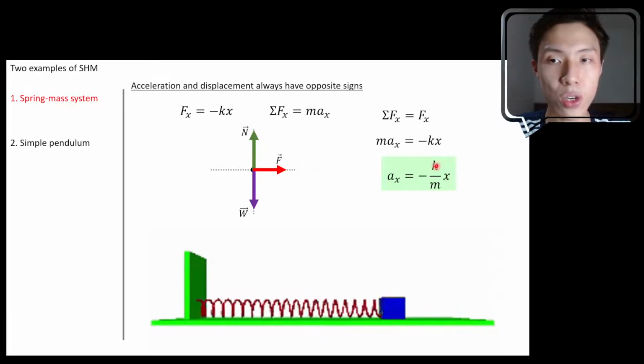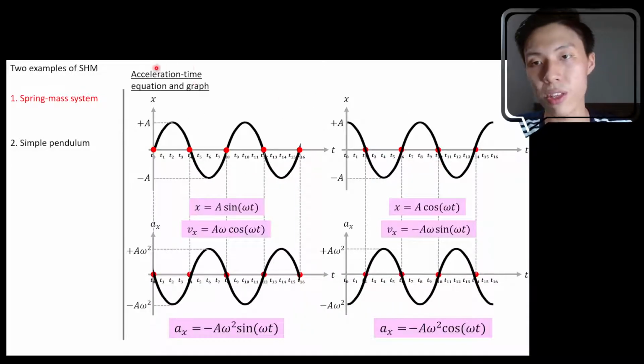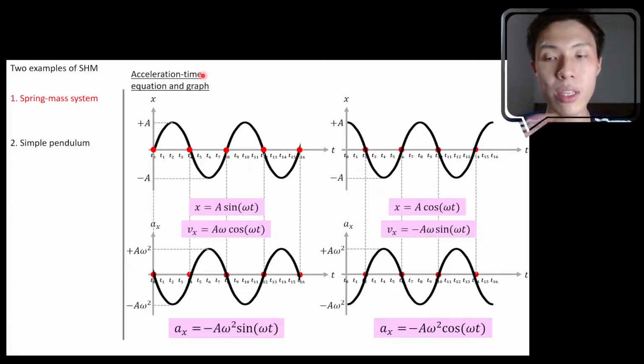The second equation that we need to recall is from our discussion of the acceleration-time equation and acceleration-time graph. In that section, we derived the equation for acceleration for two types of situation. The first situation is where the object starts from the equilibrium and moves in the positive direction, then continues to oscillate.